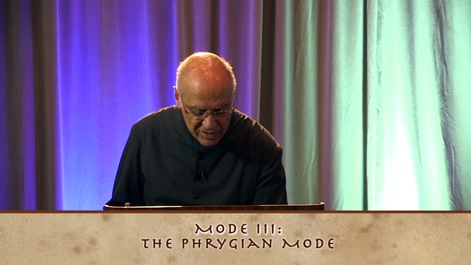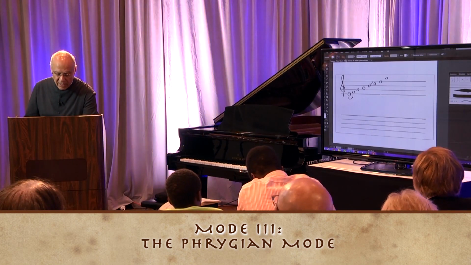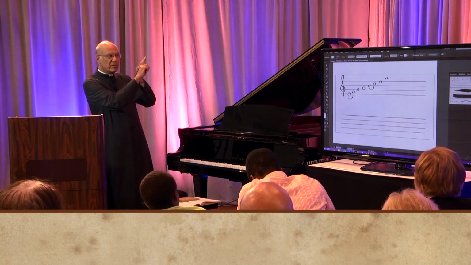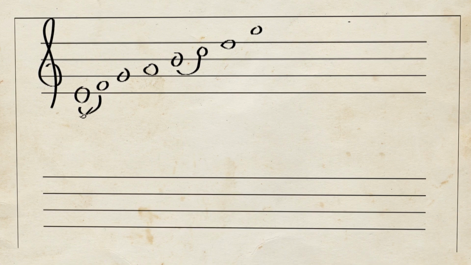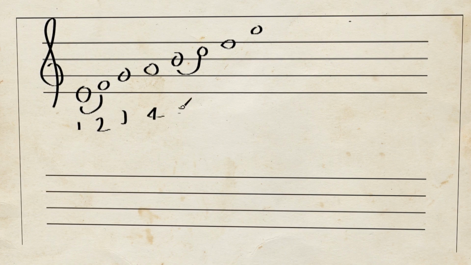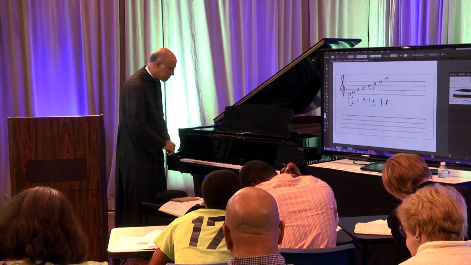Now you see our half steps, they will always be from E to F and B to C. Those are the two adjacent white notes on the piano keyboard. They are now from 1 to 2, 3, 4, and 5 to 6. So we start off with a half step.